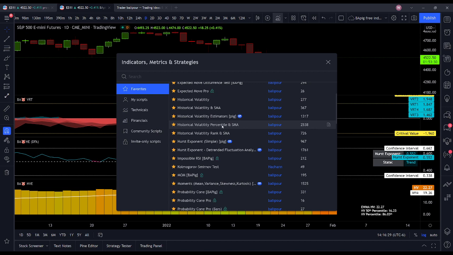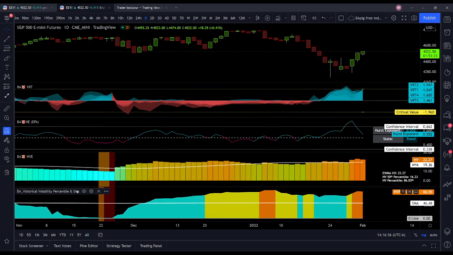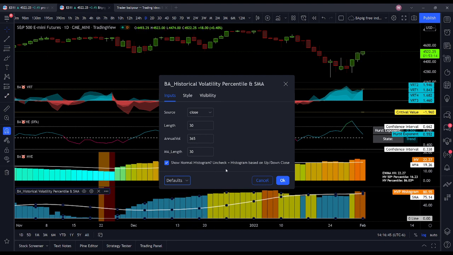One of the all-time great indicators right here is the historical volatility percentile. This is very similar to the historical volatility estimator, but this is more of a frequency metric.